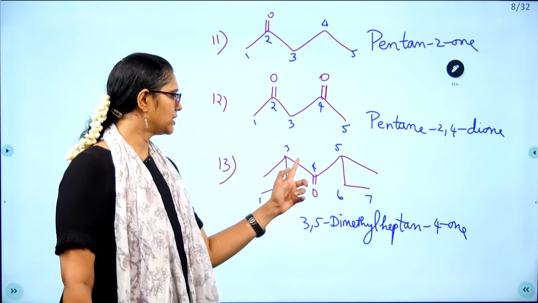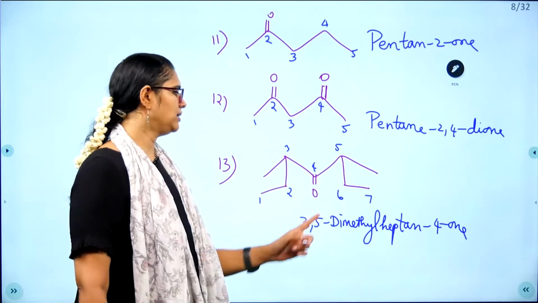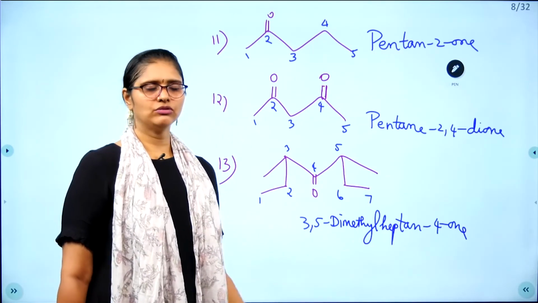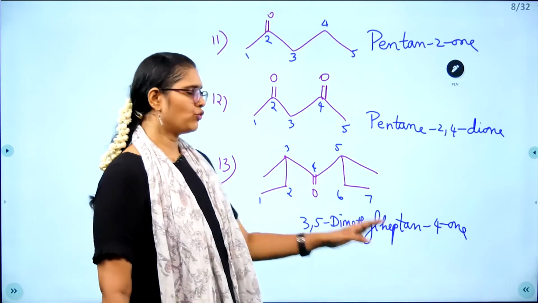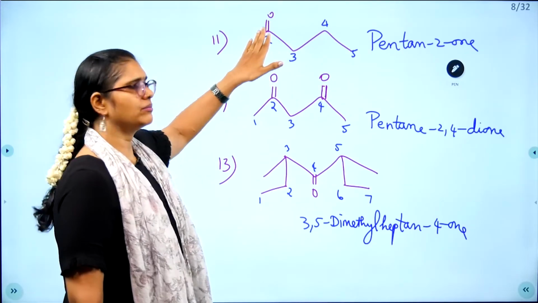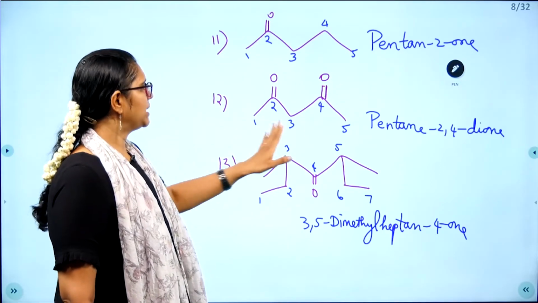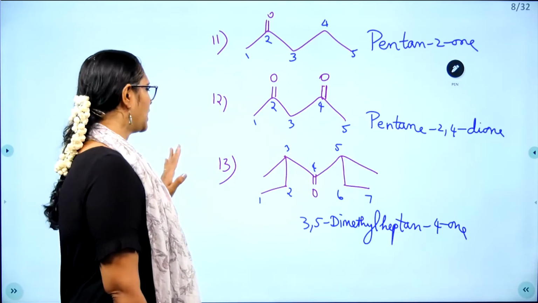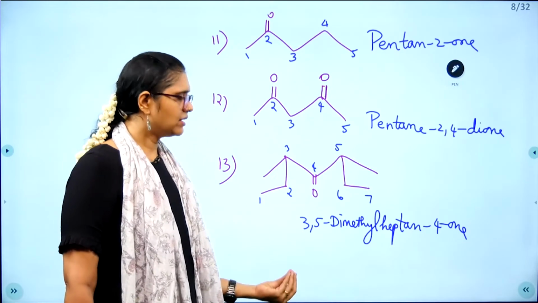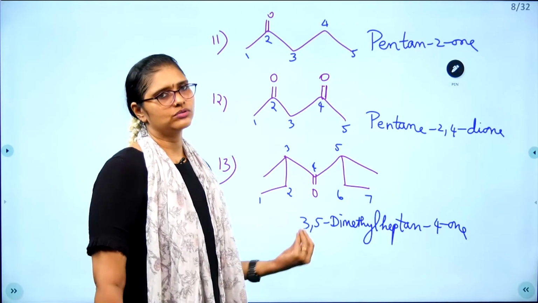So 1, 2, 3, 4, 5, 6, 7. 3,5 dimethyl, okay, heptane 4-one, because you have only one C double bond O, so E will not be retained there. So heptane 4-one, okay, understood?